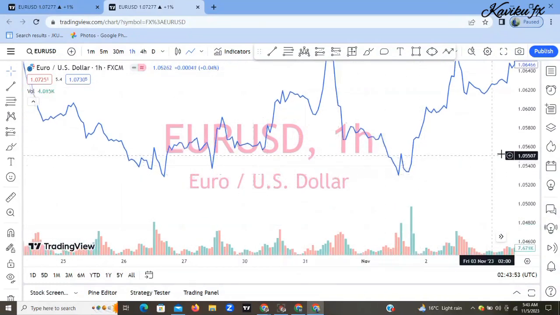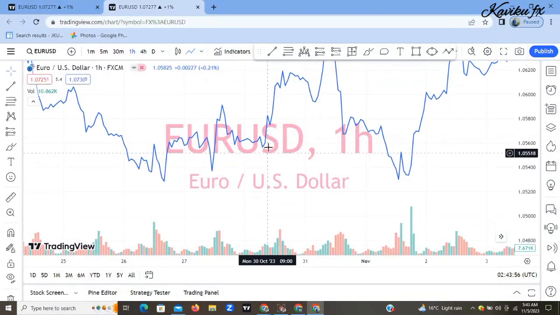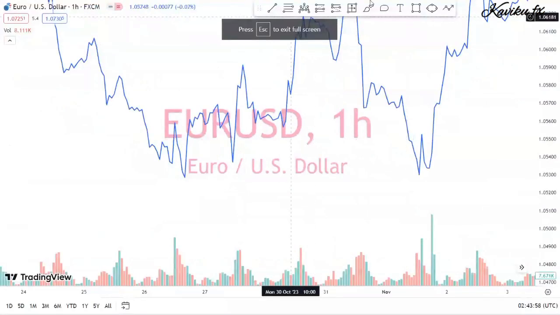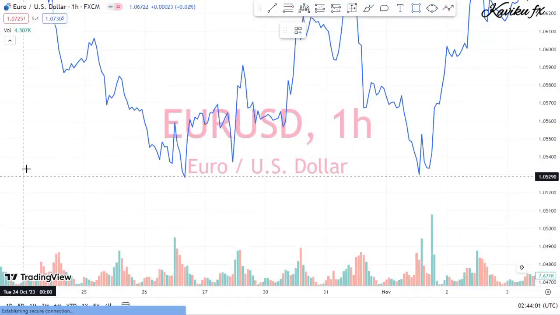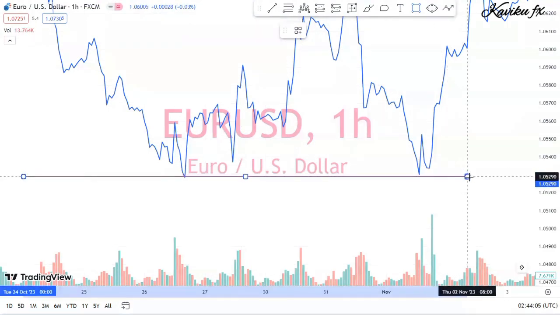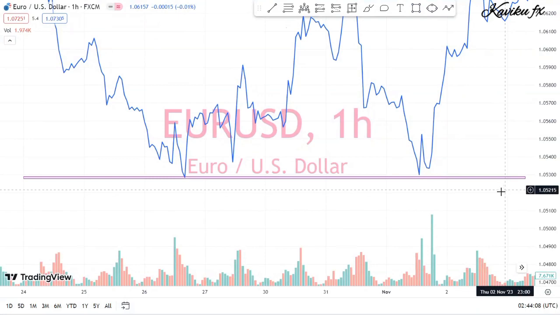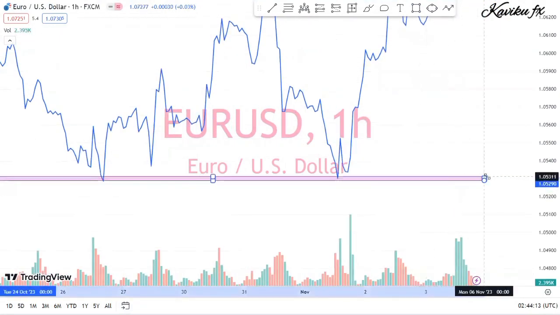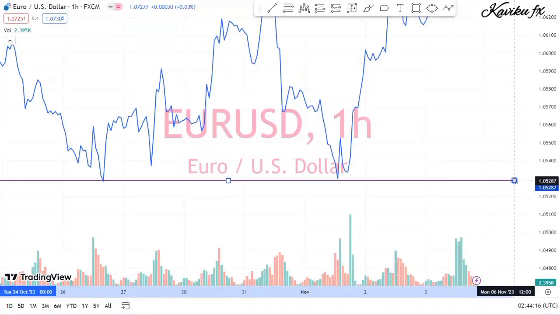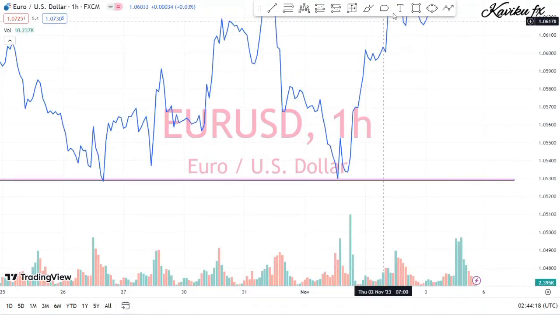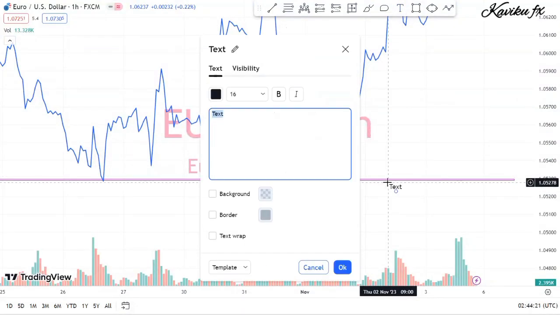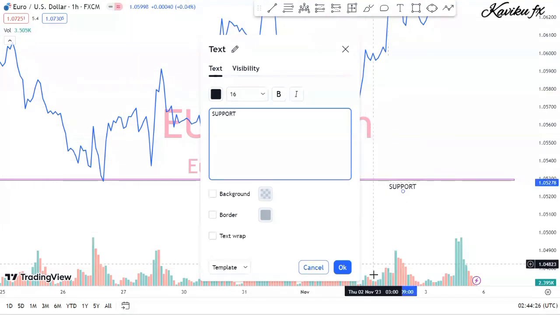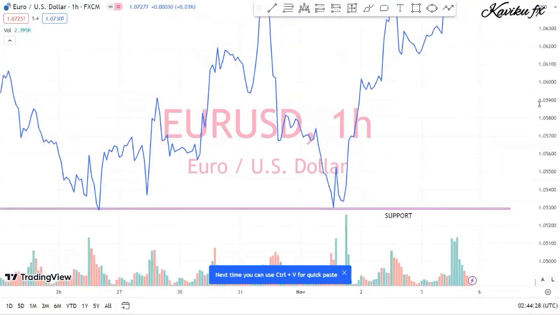Now, if you are able to identify on the chart where the market just went so down, like in our case where it was able to go so down at the region 1.0533, that becomes our support.